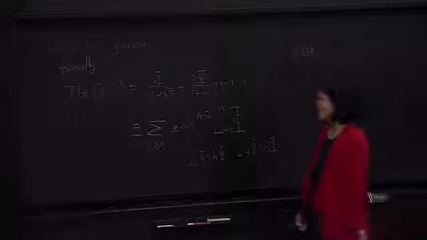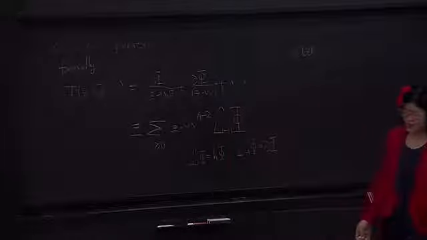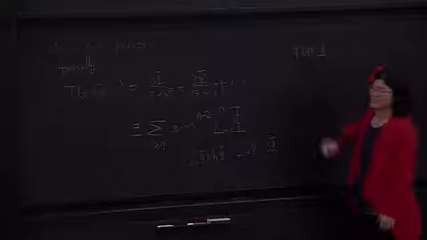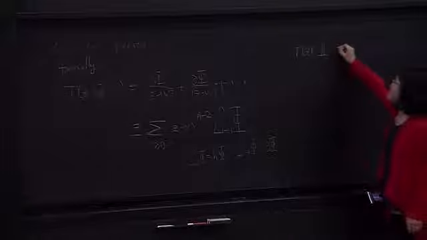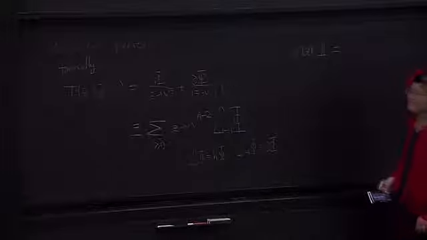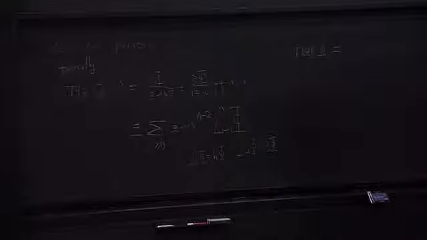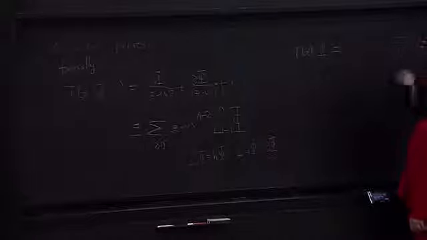But I already said this is a generic primary field, so there are not many options, except we still have the identity. So let's check the OPE between T(z) and the identity. Let's claim that T(z) times identity should equal T(z), except I'm going to write it in a funny way.